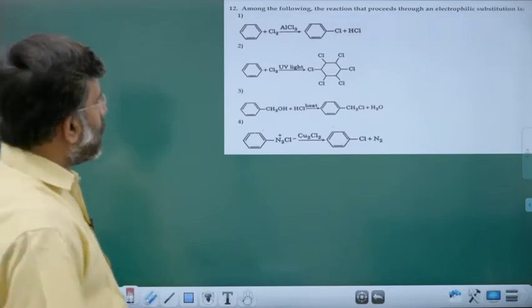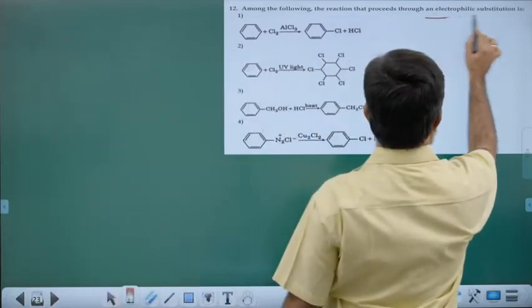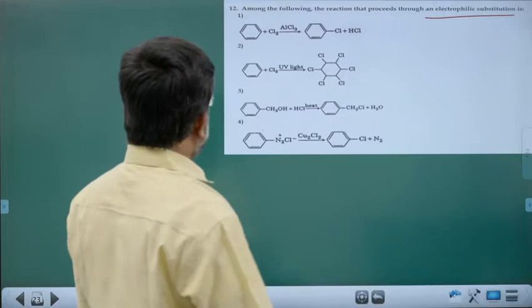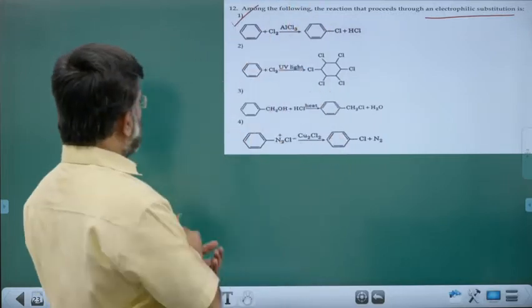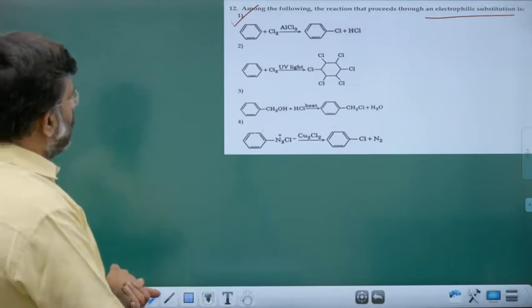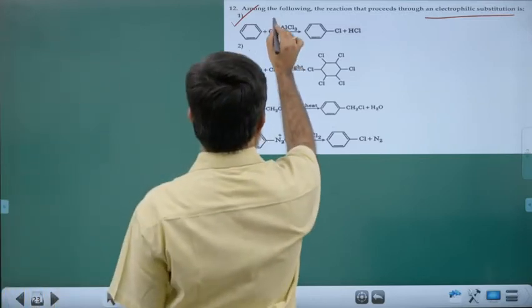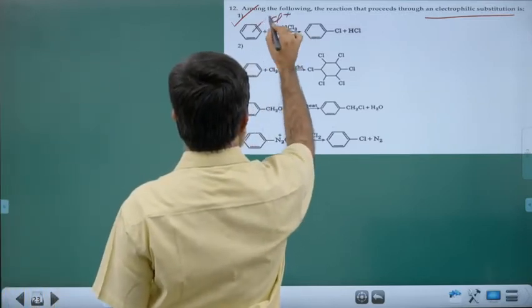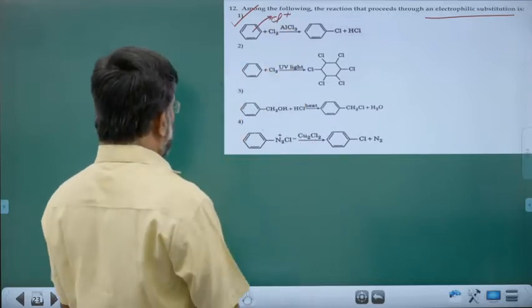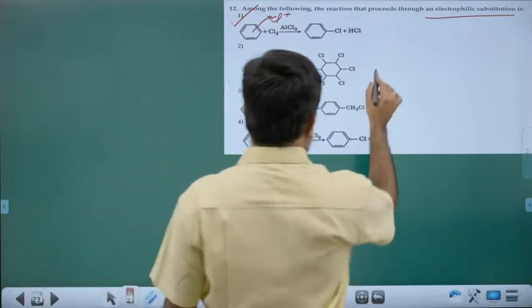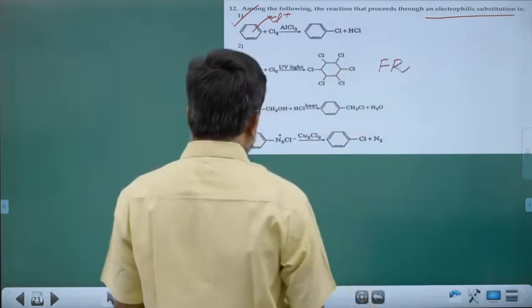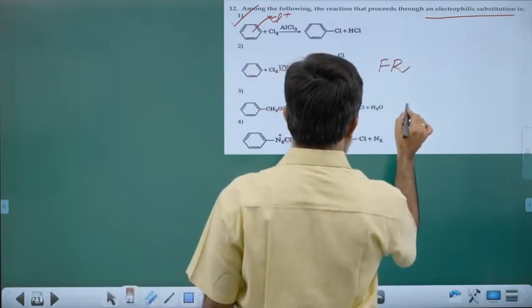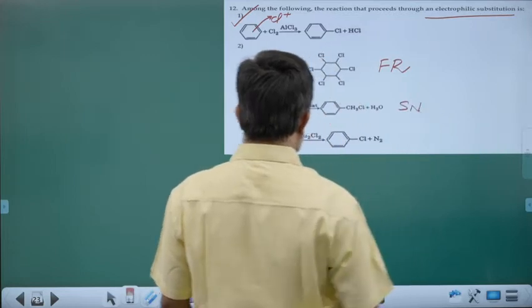Which is an electrophilic substitution reaction? First one is an ESR reaction, where chlorine with AlCl3 gives Cl plus, attacked by the benzene ring. Electrophilic substitution. This is a free radical reaction. This is a nucleophilic substitution reaction.